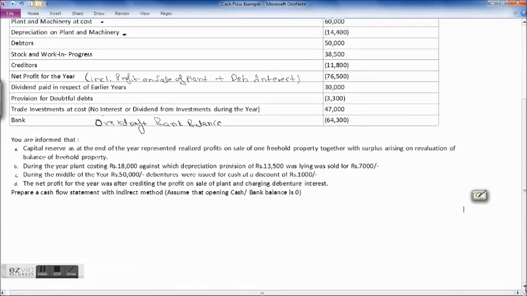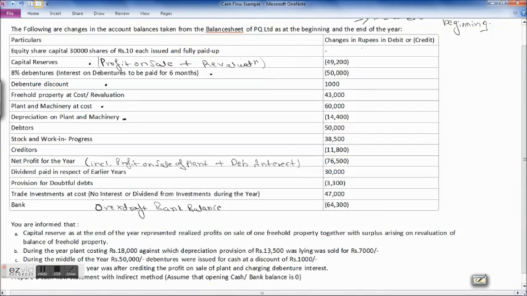So what we'll do is we will prepare some memorandum accounts. What is a memorandum account? Accounts out of the books of the company. It is just for our working purpose. So in that memorandum account, opening balance we will take as 0 and closing balance we will take as whatever are the changes in rupees in debit or credit which is given here.